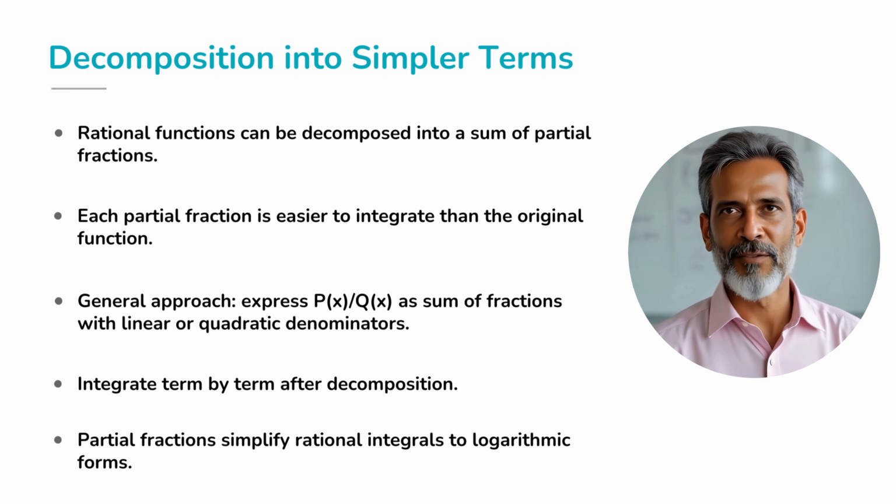The denominator factors as x minus 1, x plus 1. Using partial fractions, we can write 1 over x squared minus 1 equals 1/2 into bracket 1 over x minus 1 minus 1 over x plus 1 bracket close. Now, integrating becomes a piece of cake, just logarithms.